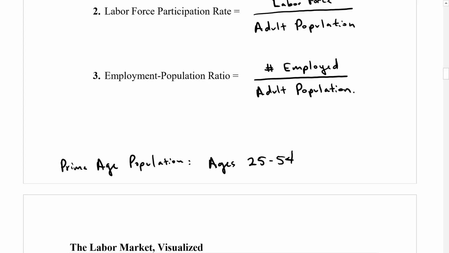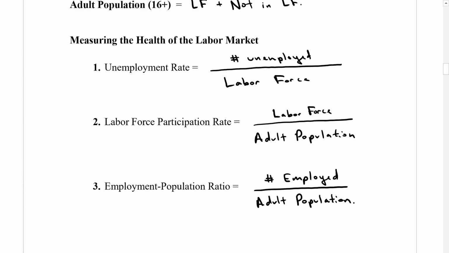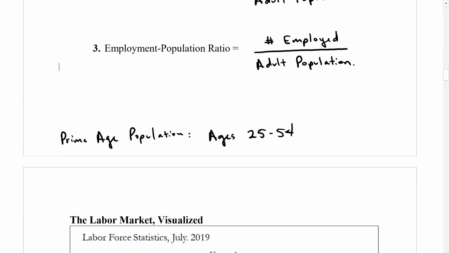So this prime age group is a group of people who we would expect to be working, and so we would expect to have lower unemployment rates or higher labor force participation or employment population ratio. And so that's also just another way to slice the data to think about labor market health.